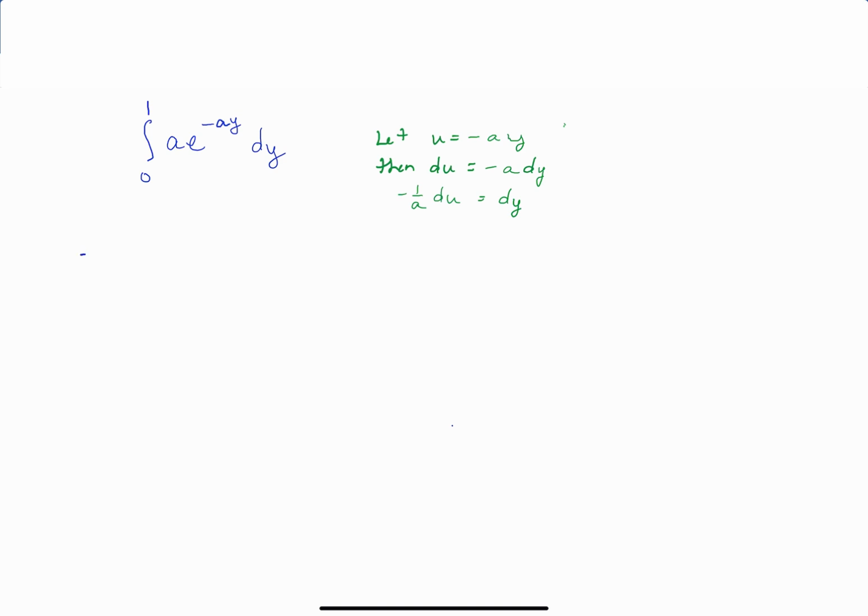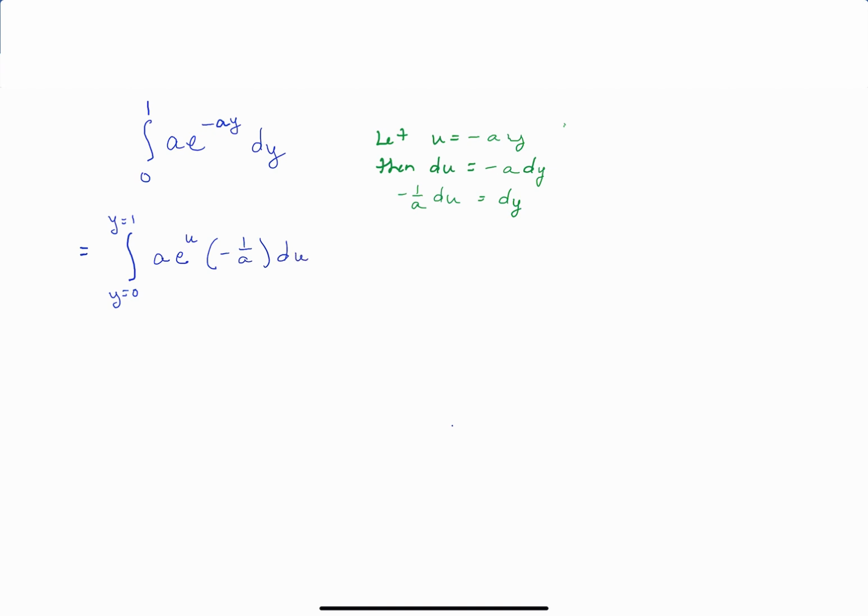This gives me then the integral where y is going from 0 to 1. I've got a, I've got e to the u because minus ay has the new name u, and dy is turning into minus 1 over a du.